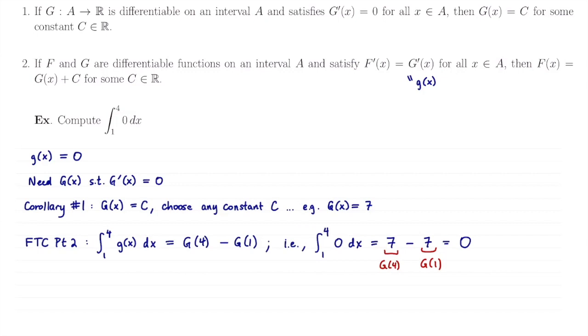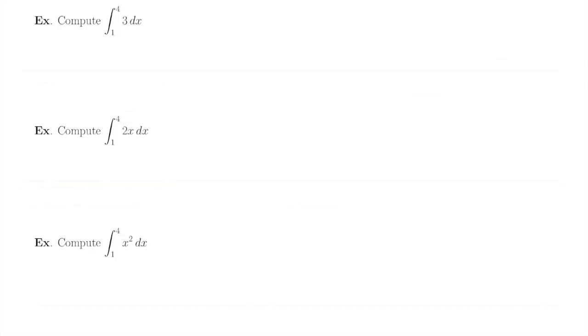Okay, I wrote out several steps here. Once you get the hang of this, you don't usually write that out. So let's go through 3 examples on one slide. Now let's integrate 3 from 1 to 4. Again, geometrically, that's like, what's the area under the function whose height is 3 from 1 to 4?